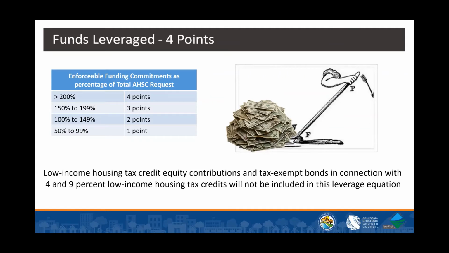For example, if your project request is 20 million and you bring in 40 million, you've leveraged by 200%, and you're eligible for the maximum points. Low income tax credit equity contributions and tax exempt bonds in connection with the 4% and 9% low income housing tax credit will not be included in this leverage funding equation.